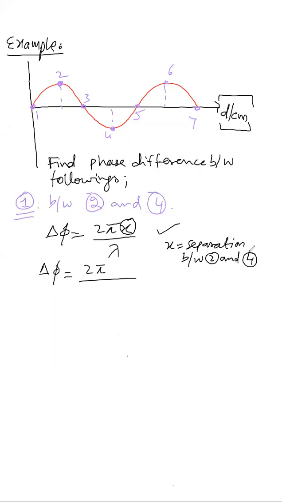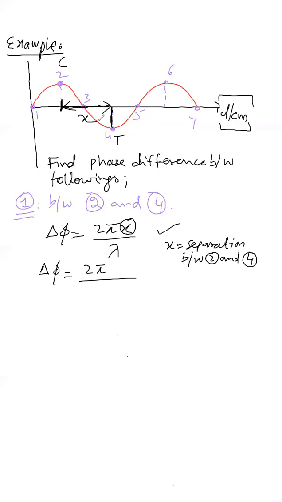So separation, if you look upon x-axis, particle 2 is over here at the middle of the crest, and particle 4 is at the middle of the trough. And one more thing is that you need to find this x. But as the distance axis is not labeled with values, you will be using fraction of wavelength.